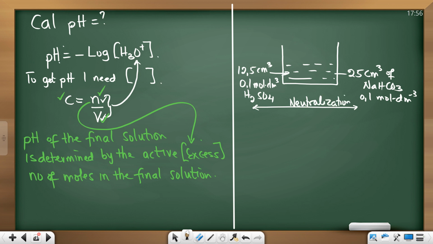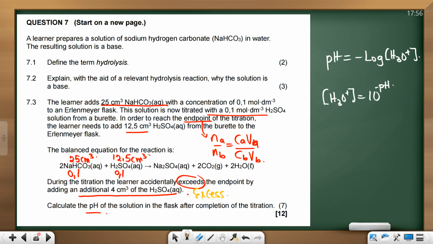But this learner mistakenly added, please check, an additional 4. The examiner should have told us this learner added 16.5. This examiner is nice. To have a complete neutralization, we need 12.5.